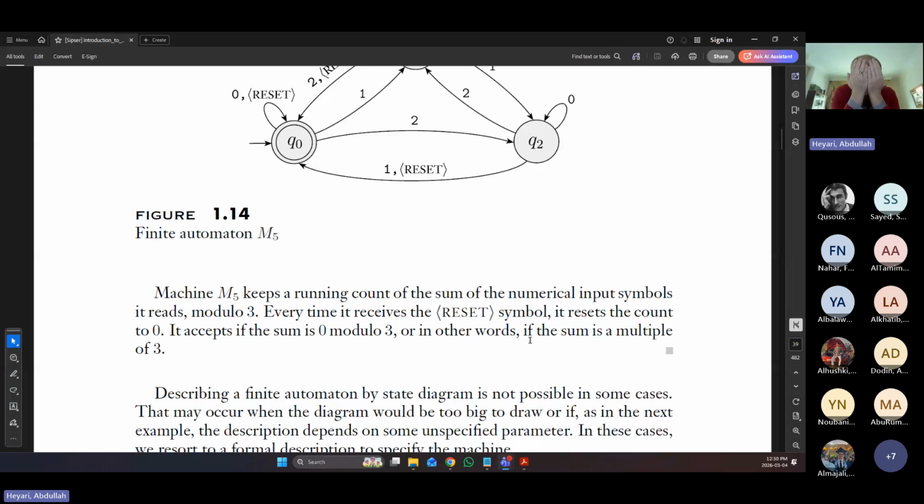What I would like to tell you is that, do you see this sense of accepting or rejecting? It's very man-made. It's completely designed by human effort. And what you see here, despite its simplicity, captures the very essence of computation.